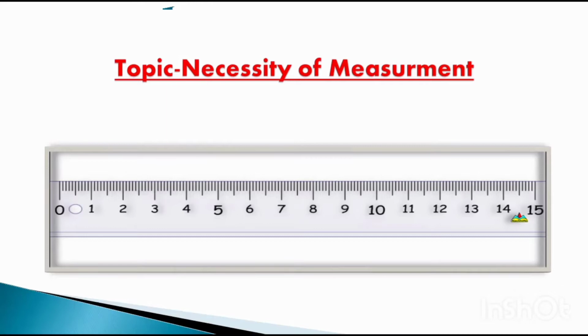That means if the image size is too big, you cannot draw it in your copy. If your copy size is too small, or the image size is too small and your copy is too big, it will not be adjustable to your work. So if you want to do your work with your copy, definitely you have to think about the measurement.